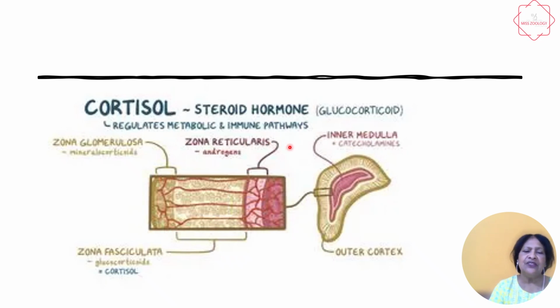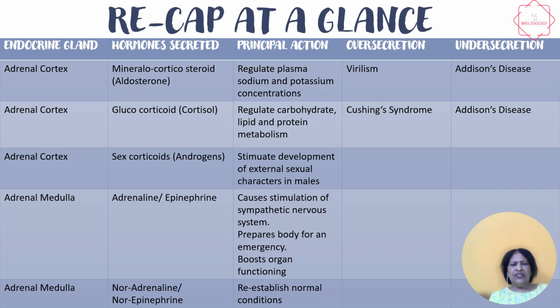Definitely that is undertaken by the PP cells, and indeed also when the somatostatin is capable of balancing the activity of the cortical hormone. This image is showing the principal action of the different hormones from the adrenal cortex as well as that of the medulla.